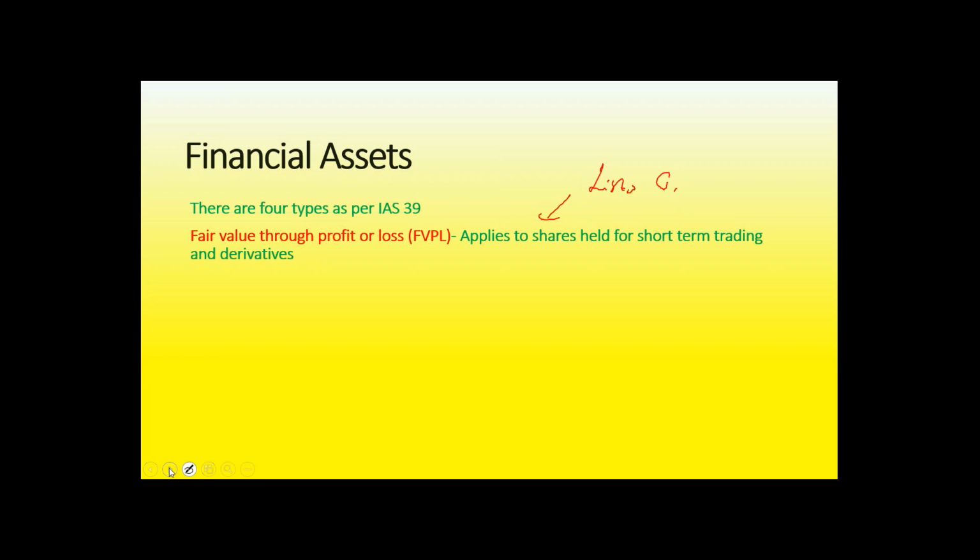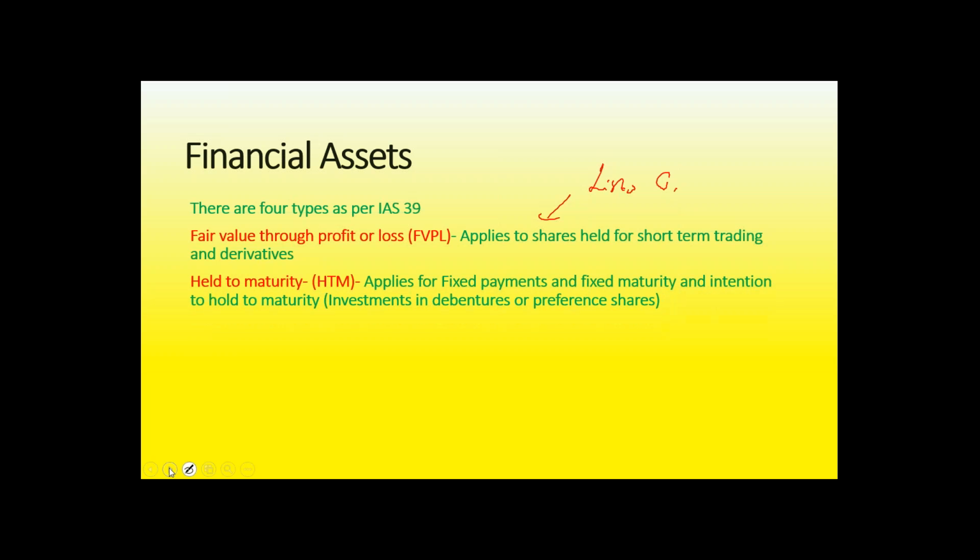Then the second one we have is what we call held to maturity. The most important word is the intention. At the very beginning, the intention is to hold it till maturity. That is, you invest in a bond which is going to mature in 2020, and your intention is to hold it till 2020.